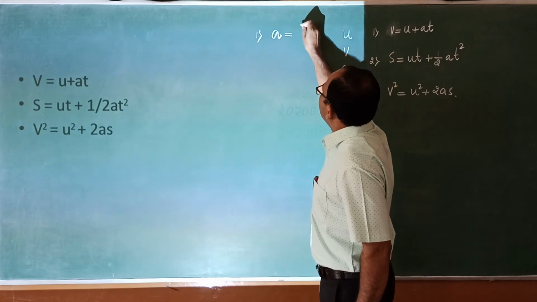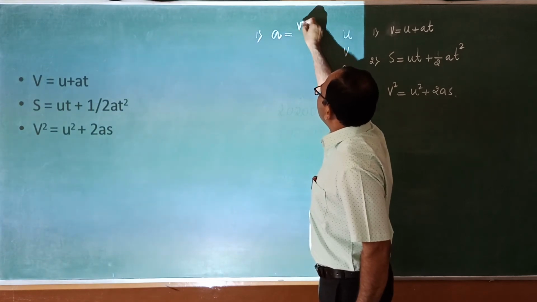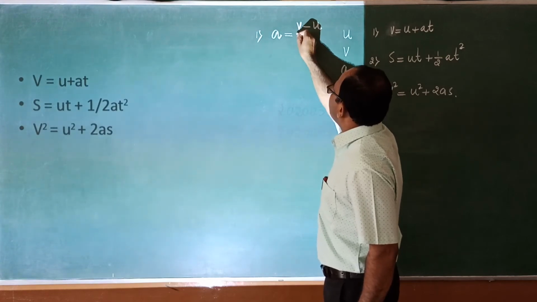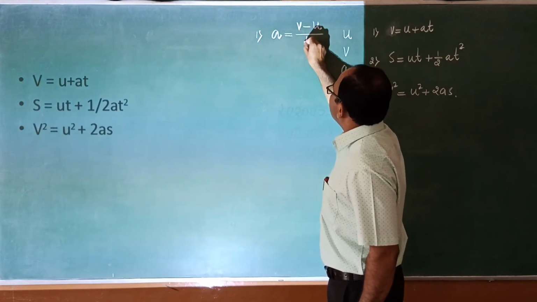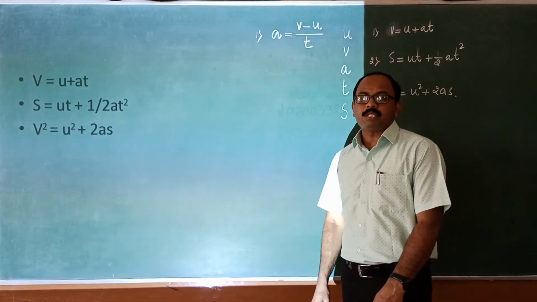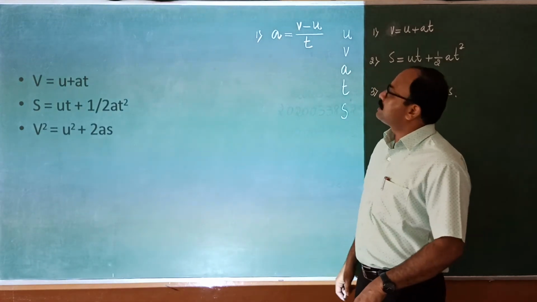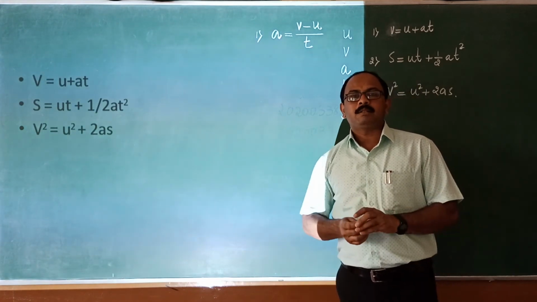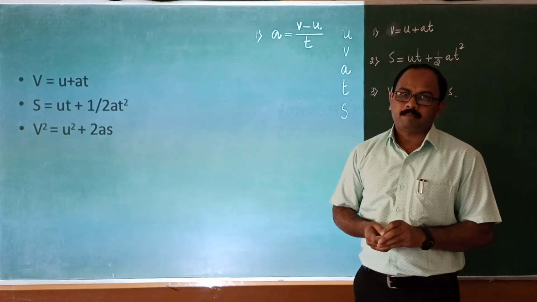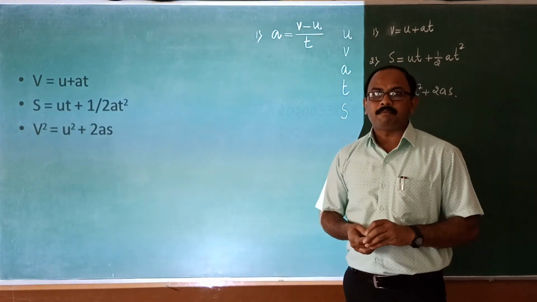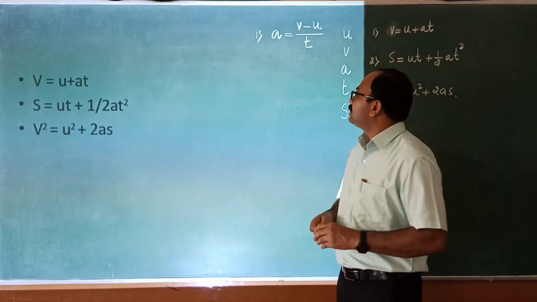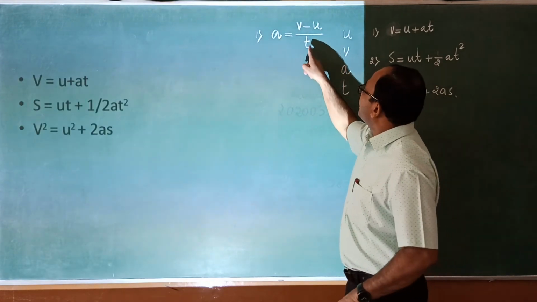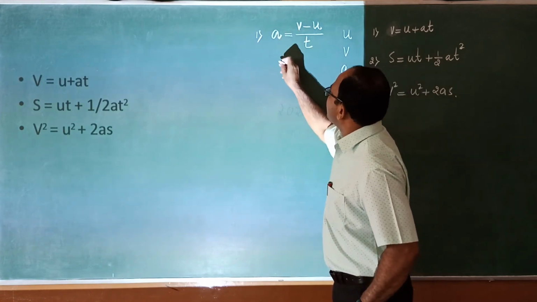A is equal to change in velocity, that is final velocity minus initial velocity, divided by time taken. The rate of change of velocity is called acceleration. This is the formula which we use to calculate acceleration. From this, we will get the first equation of motion. Let me cross multiply these two, children. A into t by cross multiplication.